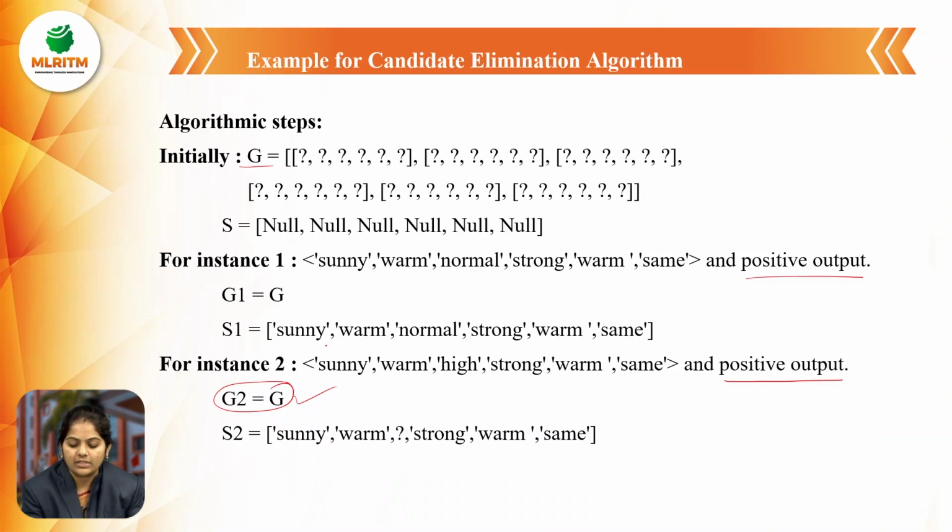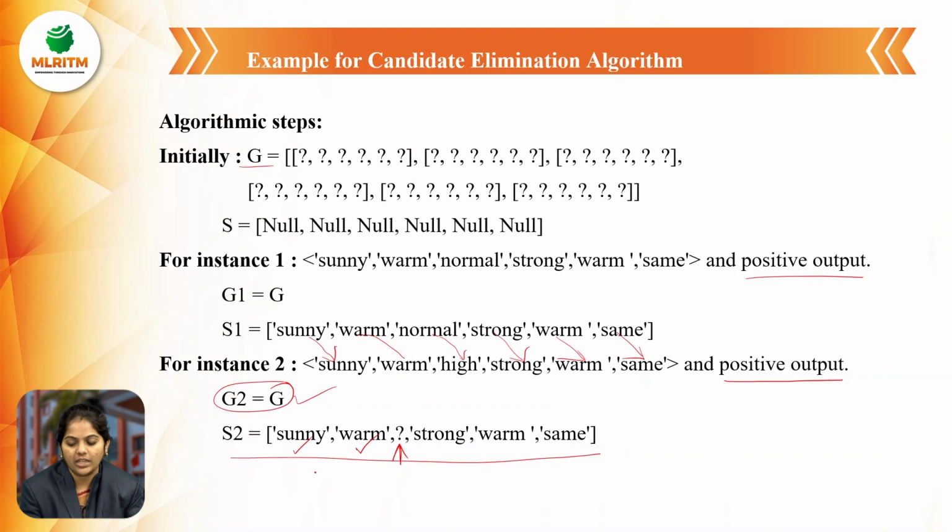The first attribute, sunny, is compared with sunny, so we'll keep it the same. Warm is compared with warm, so we'll keep warm. Normal is compared with high, so we have two different values, so we'll keep the question mark here. Again, strong is compared with strong, warm with warm, same with same. So these are the three same attributes we have, and we'll keep all three the same. So this is the second hypothesis we got from the second example.